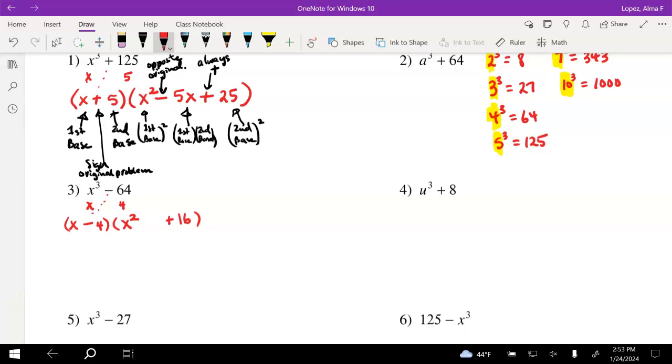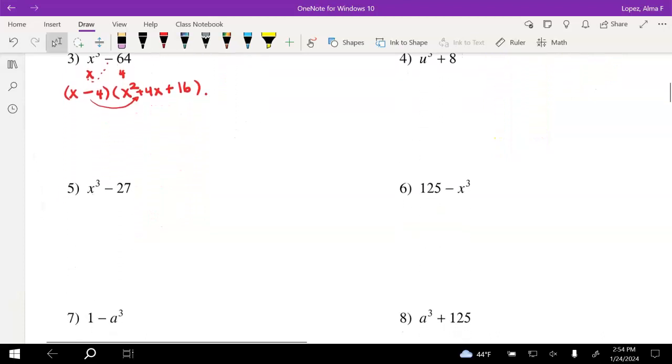This middle term is made up by multiplying the first base times the second base. That's 4x. And this sign is the opposite of what was in the original problem, so it'll be a plus sign. Another cool thing is that even though this is a trinomial, in the cube factoring, this is prime. Let's do a couple more.